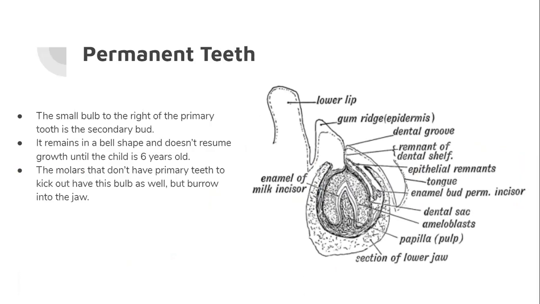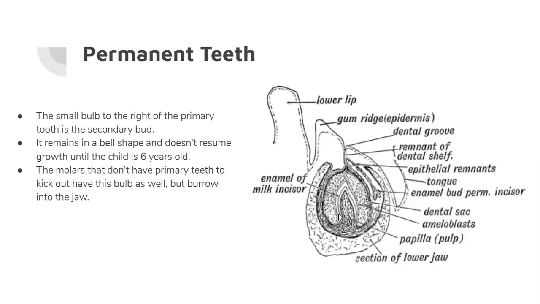That is the secondary bud, and it actually stops in the bell stage while the primary is forming. Your primary tooth is your baby tooth, pretty much, and then you have your permanent tooth right here. So you don't have this massive permanent tooth behind it already. It stops in this stage while this is developing, and then these start to erupt.